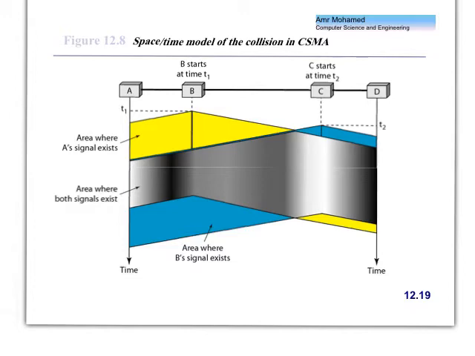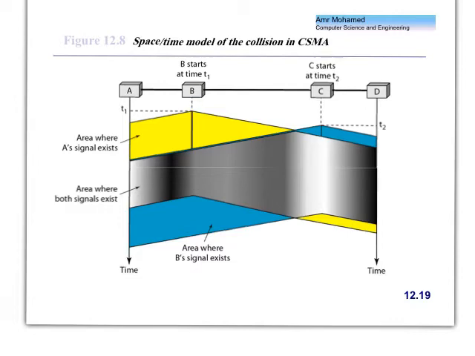But why doesn't this eliminate the collision completely? This example illustrates why. If I have station B, station C, and stations D and A are just listening, not involved in the transmission.